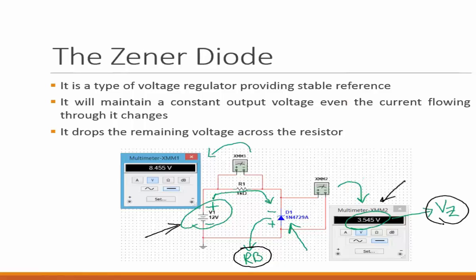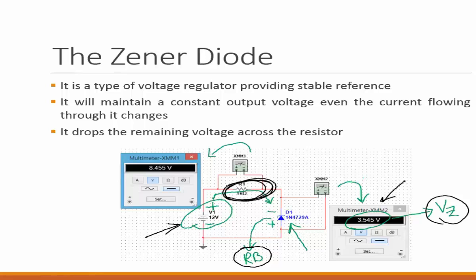So does the Zener diode dictate the output voltage? Yes. For the whole circuit? Across the Zener. It's the voltage across the Zener, 3.54 volts. But of course, that will determine things, because now the rest of the voltage is going to be on the resistor, correct?